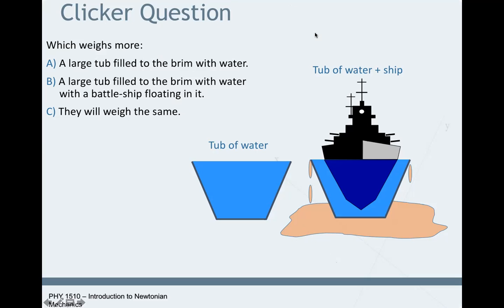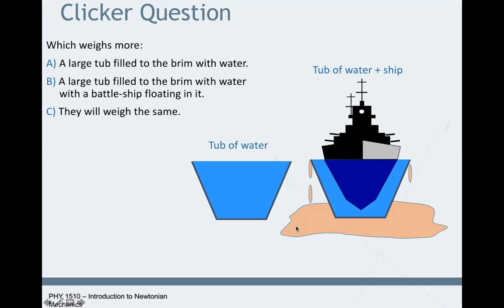All right, so a majority of you have voted for they weigh the same. So it looks like the only difference between these two is one of them has the ship added, but lost some of the water, right?